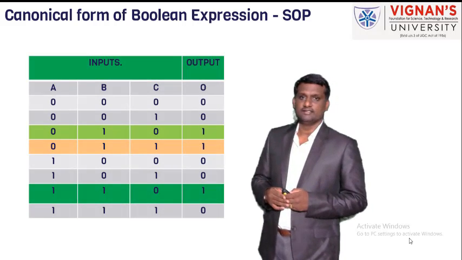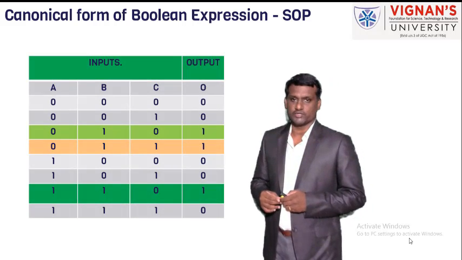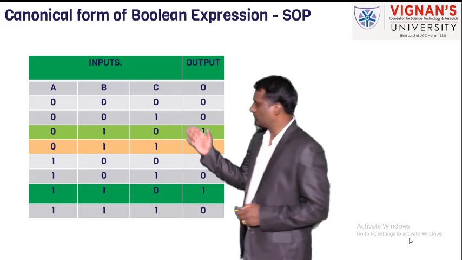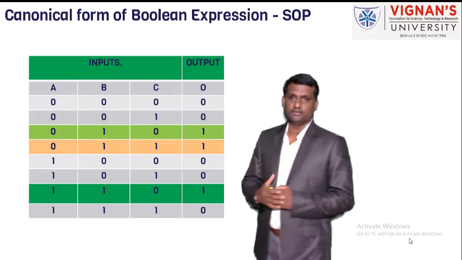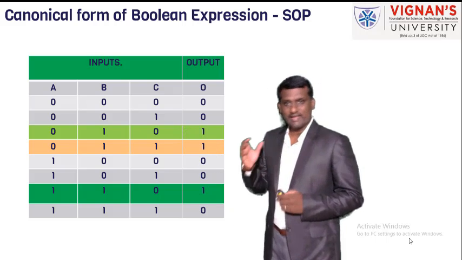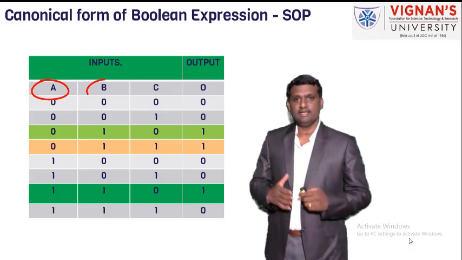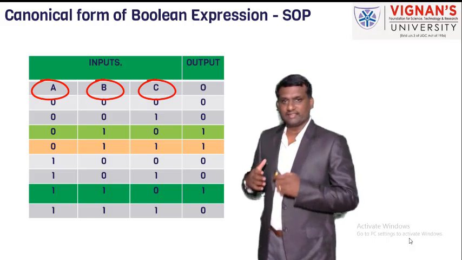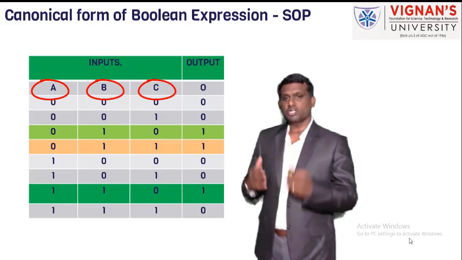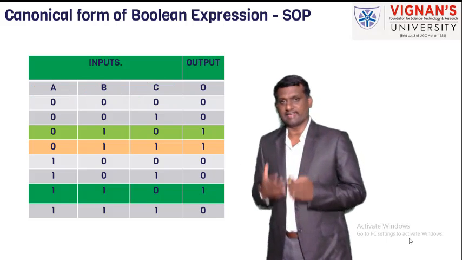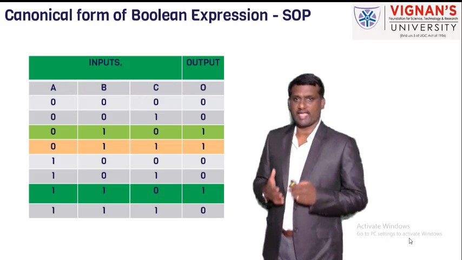This is the 3 variable truth table. The 3 variables are A, B and C. With 3 variables, the possible combinations are 8, that is 2 cube, 8.